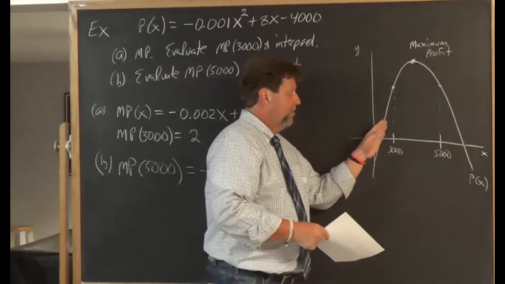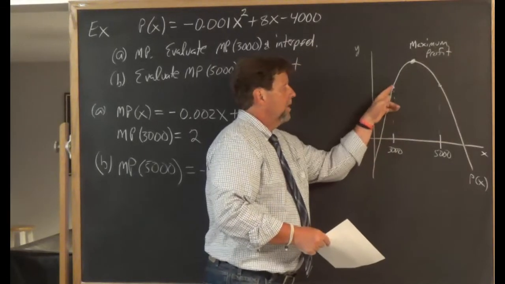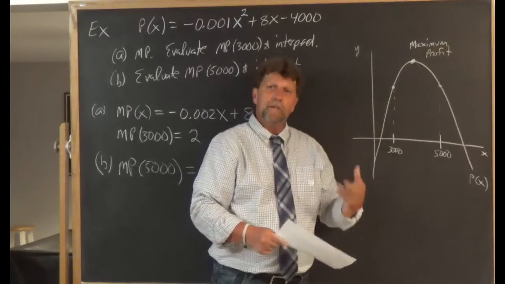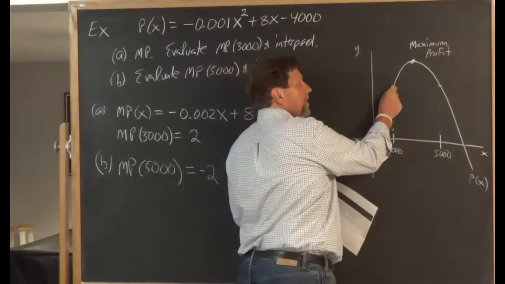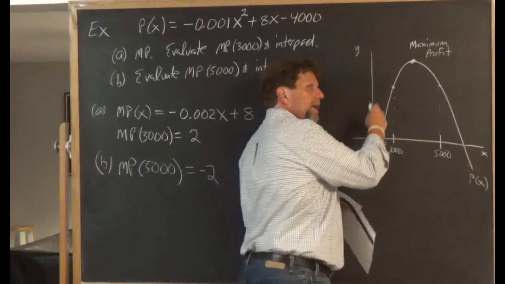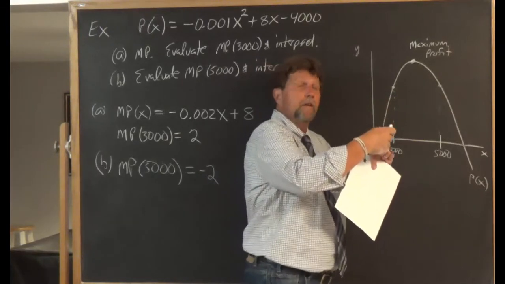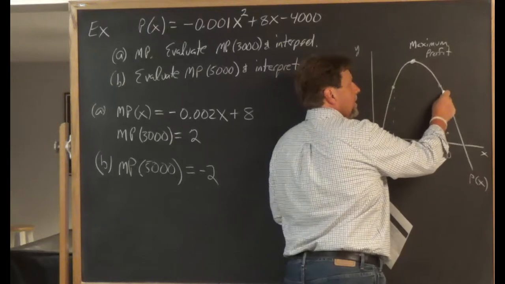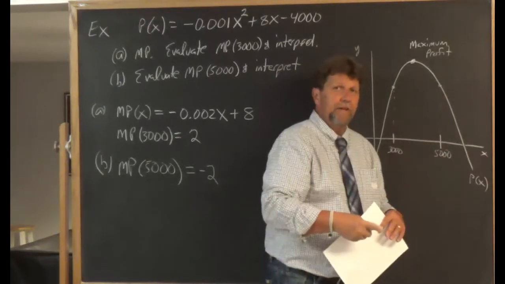It's just that over here, the tangent line has a positive slope. Marginal profit is positive, which means if you increase production by 1, you're going to get a little bit more profit. Whereas over here, if you increase production by 1, you have a little less profit.